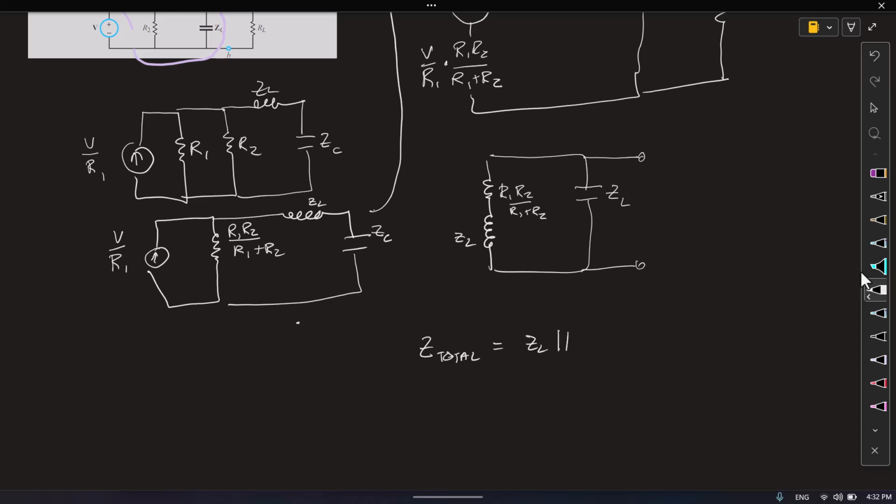And so my Z total is ZL in parallel with R1 R2 over R1 plus R2 plus ZL, or ZL, which is 0.8 kiloohms, times R1 is 1, R2 is 0.6, that's 0.6 over 1.6, plus ZC, and ZC is negative j0.5, this was j0.8, and this is negative j0.5.